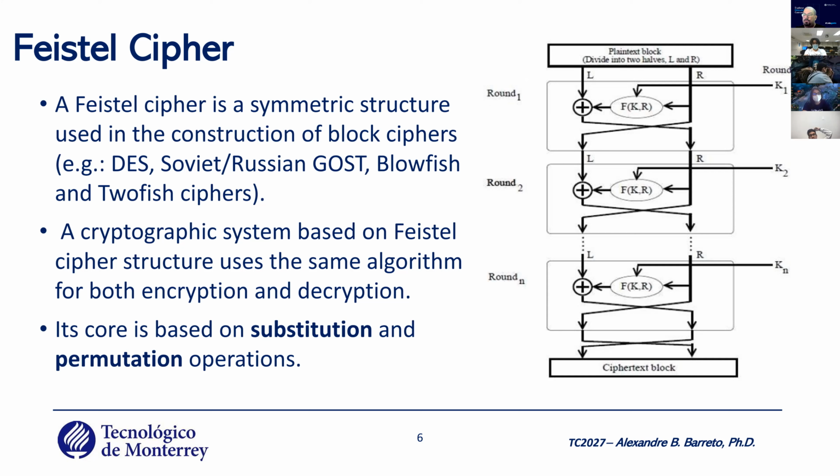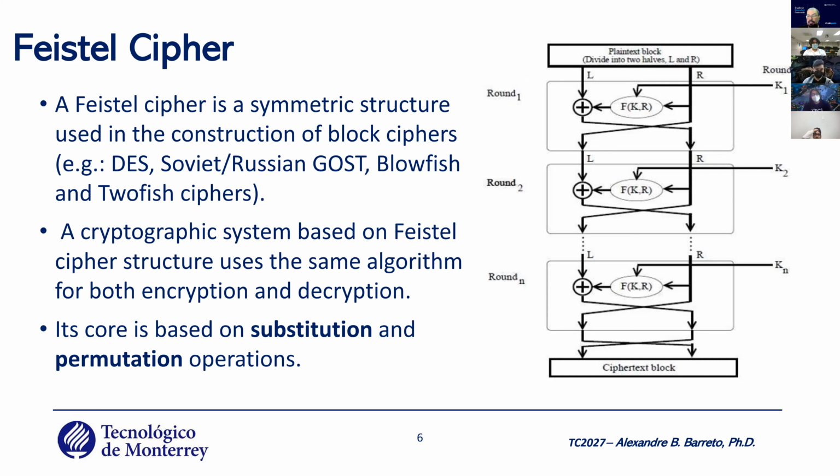The Feistel model uses the same algorithm for encryption and decryption. And the core of this model is the substitution and permutation operations. Why is it so important? Because it is very simple to implement and follows the design of the hardware board.